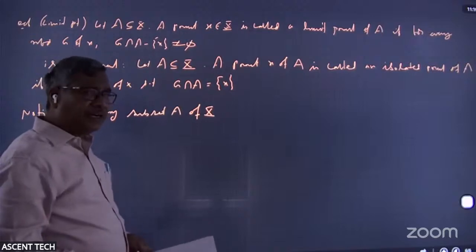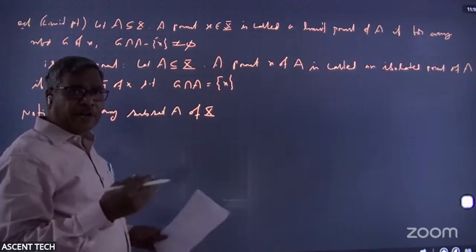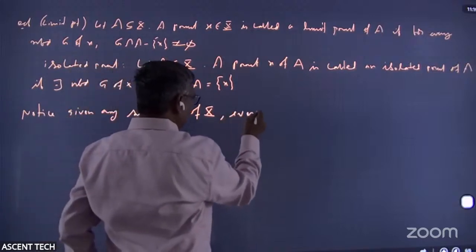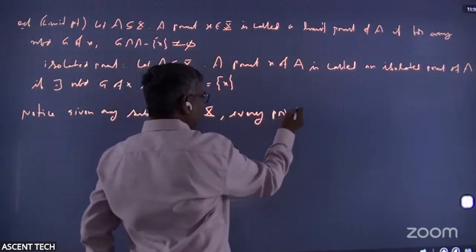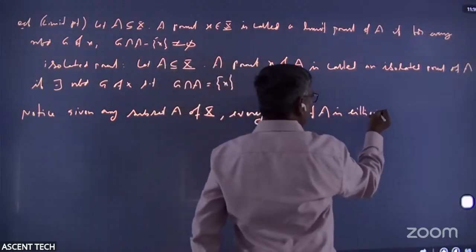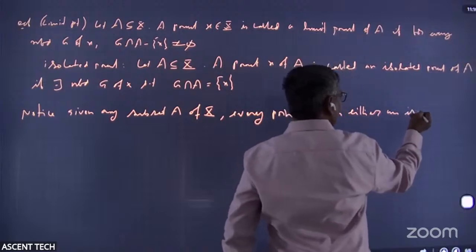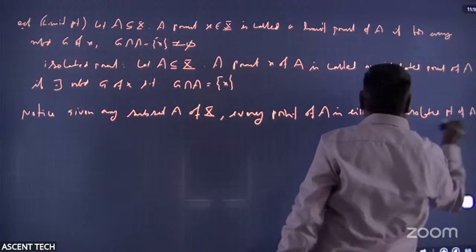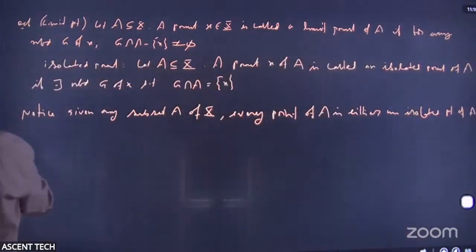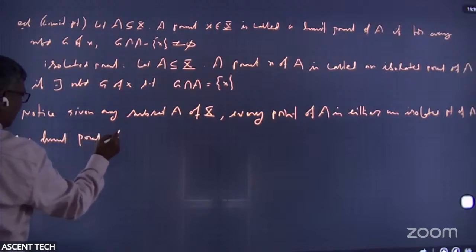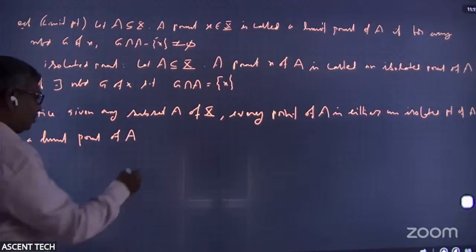So every point of A is either an isolated point of A or a limit point of A, but not both.